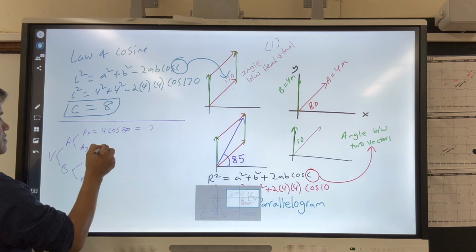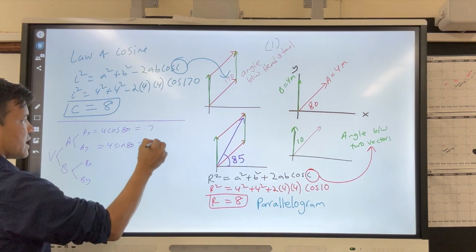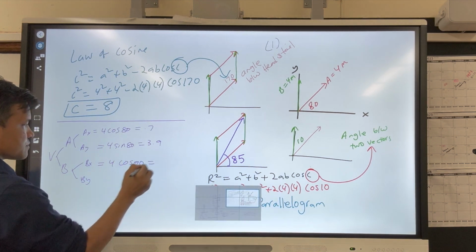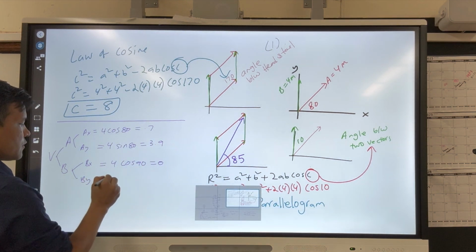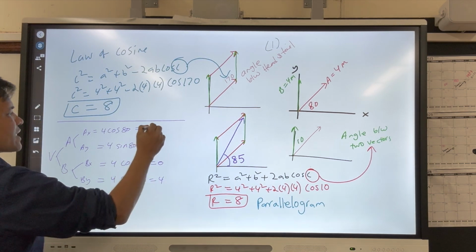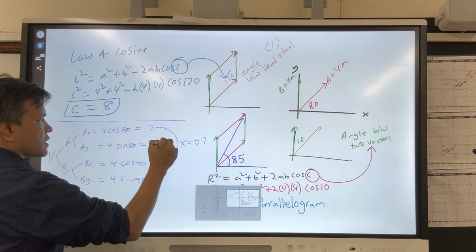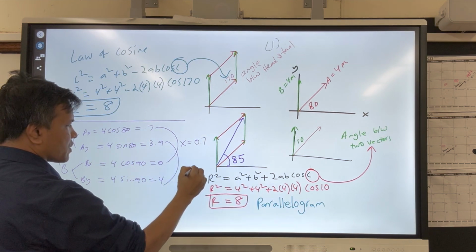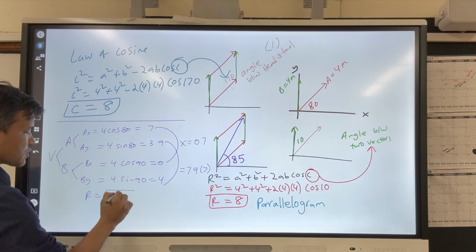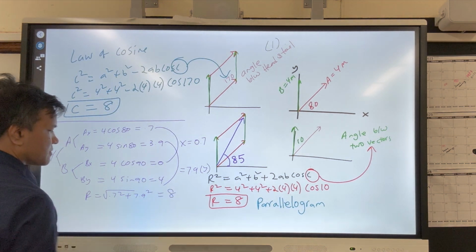You have 4 sine 80, which is 3.9. 4 cosine 90, which is 0. 4 sine 90, which is 4. So your x is 0.7. Your y is 7.9. Your resultant is the square root of 0.7 squared plus 7.9 squared, and that is 8.